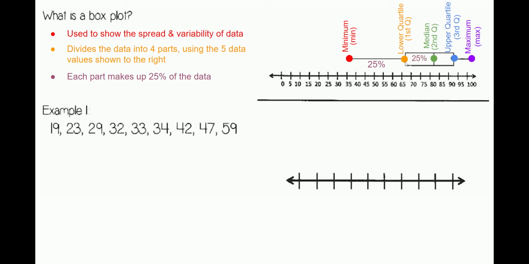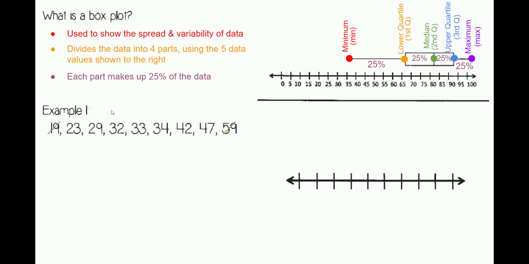And then 25% of the products are between 66 cents and 81 cents. And then 25% is between 81 cents and 93 cents. And then 25% of the products are between 93 cents and 100 cents. So that's what that means, the 25% of the data.